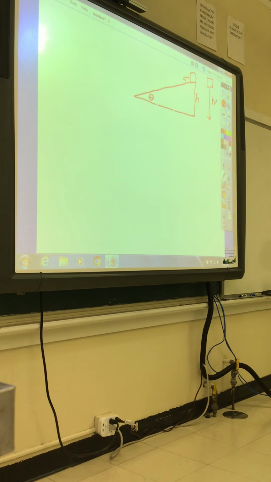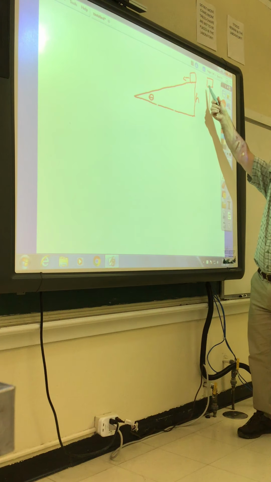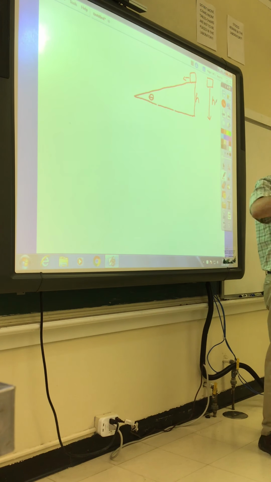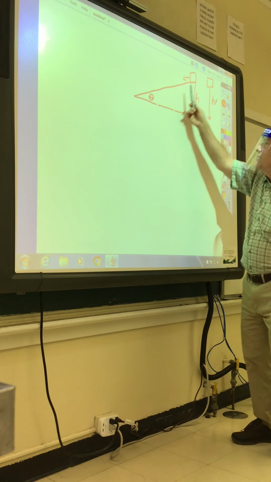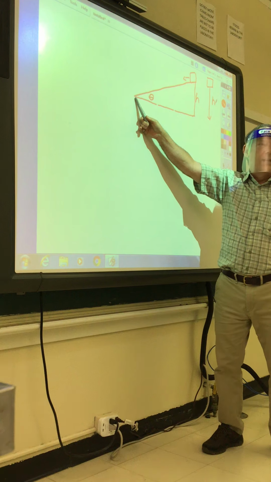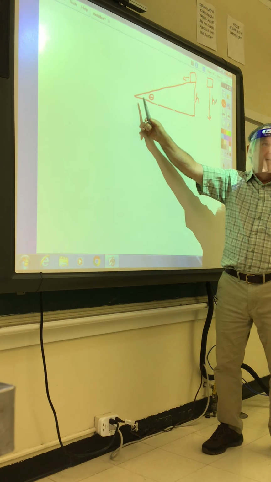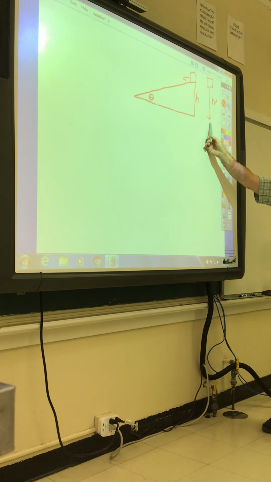Well, if I let these two go at the same time, one sliding down the incline, one falling straight down, which do you think is going to hit the ground first? You would think the one falling straight down, right? It hit the ground first. Okay. How fast are they going? So when this one reaches the bottom of the incline, how fast is it going compared to how fast this one is going when it hits the ground?